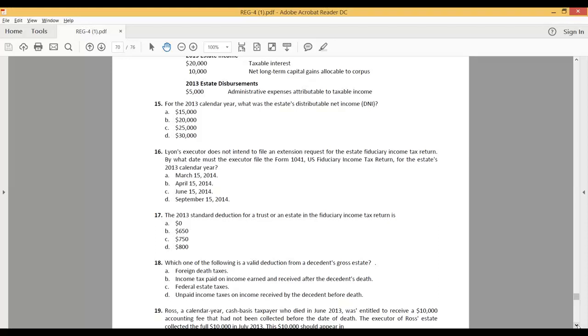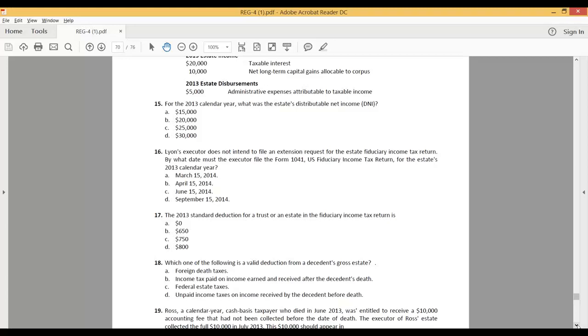Because fiduciary income tax returns have exemptions. We talked about 300 for simple, 100 for complex, and 600 for estate. So they don't have a standard deduction for trusts. Trusts have exemptions.